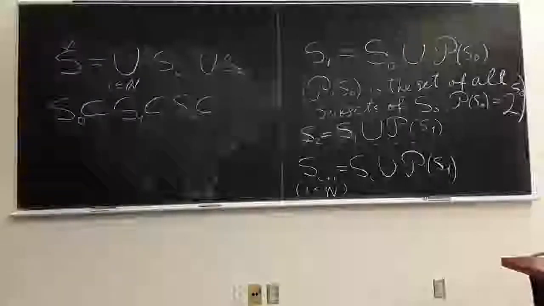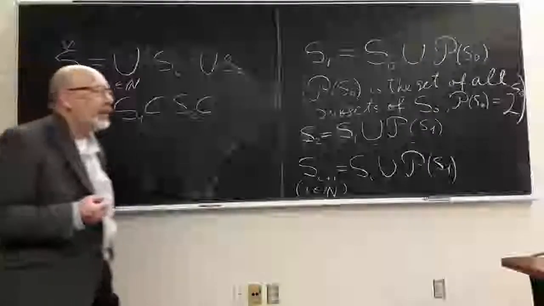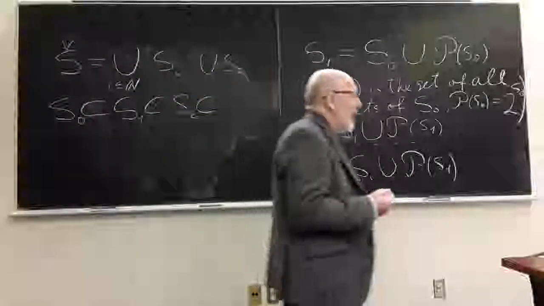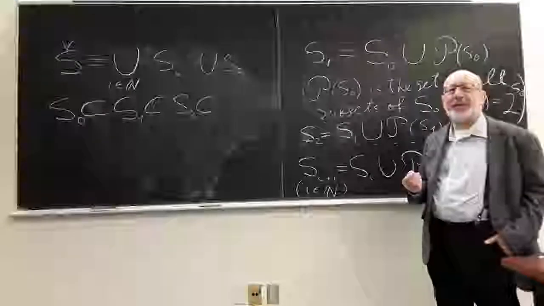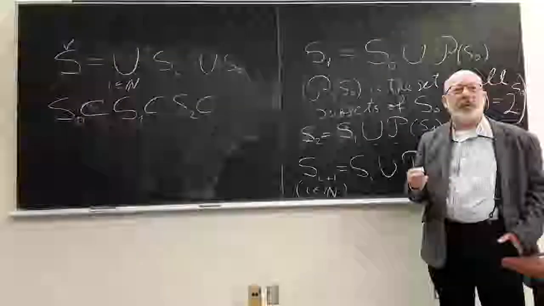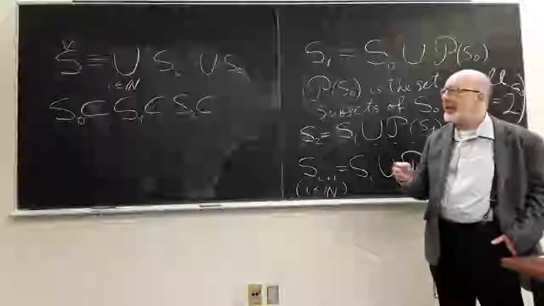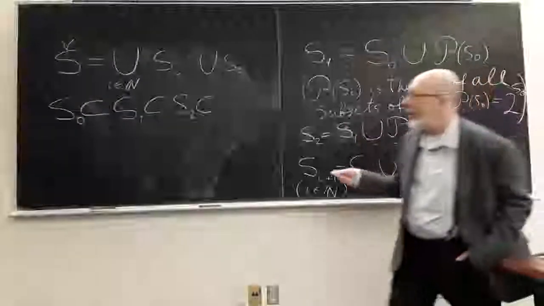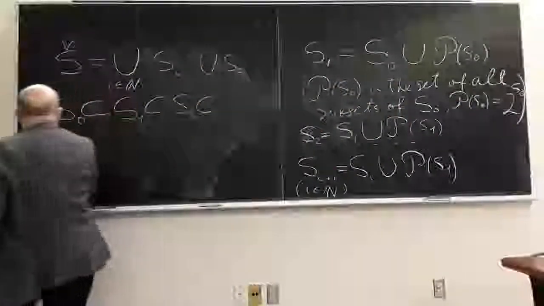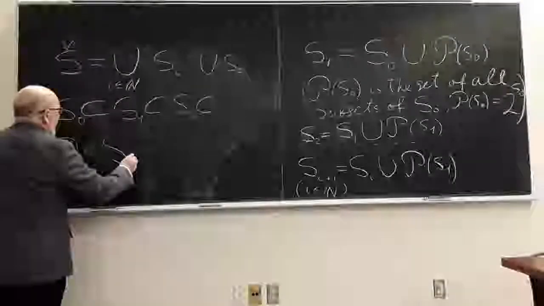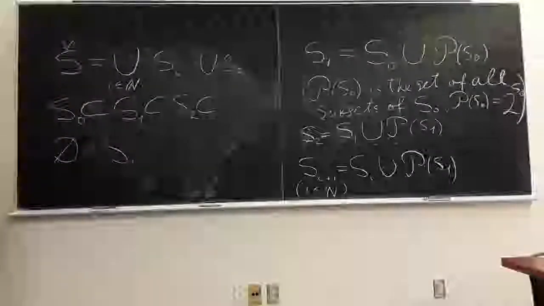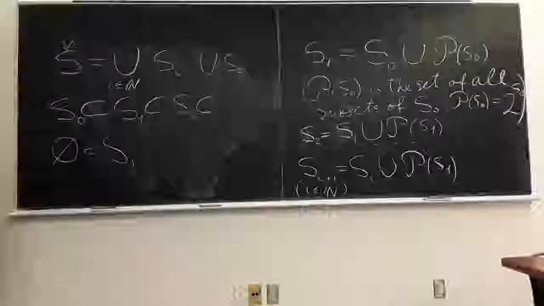And so the empty set cannot be at level 0. But the empty set is a subset of any set, in particular of S0. So we can claim that the empty set is an element of S1. So we found already something.